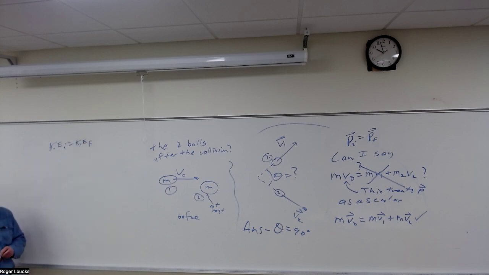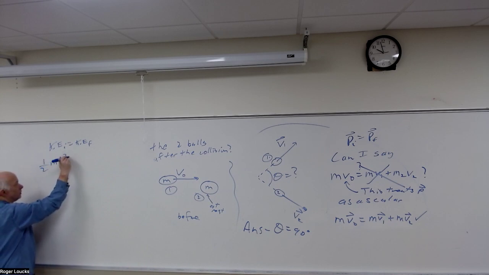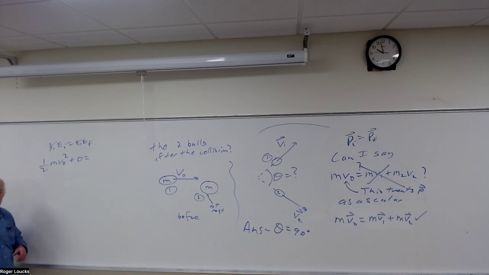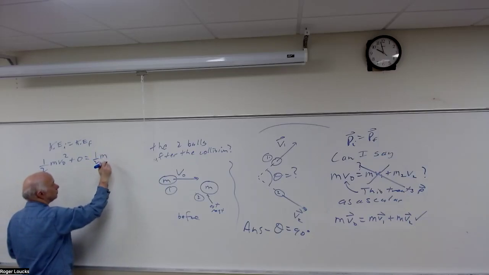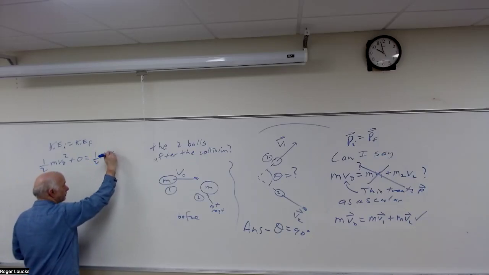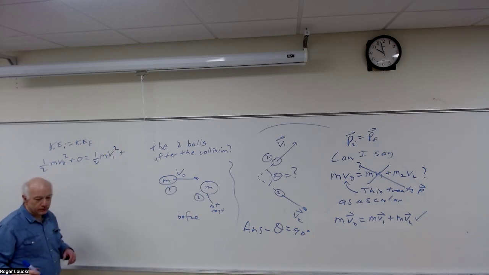The initial kinetic energy is 1/2 m v naught squared plus 0 equals 1/2 m v1 squared plus v2 squared.